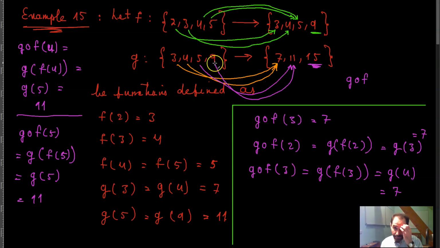So as you can see, for example, g of 9 does exist here, but it's not used in any of these compositions, because 9 is not the image of any of the elements in the domain of f, right? So that's one point to note.